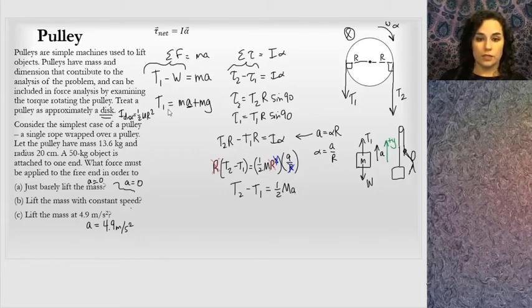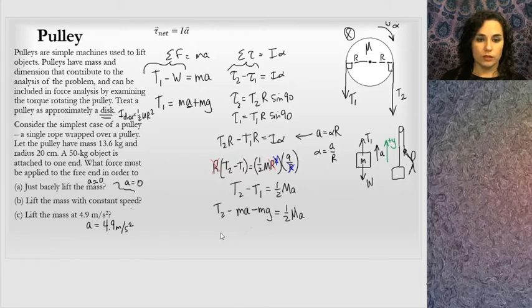And I'm going to take what I have up here about T1 and plug it in down here. T2 minus ma, little ma, minus little mg, right? I have to subtract the whole quantity, so I get each term separately, equals 1/2 big Ma, where big M is the pulley.